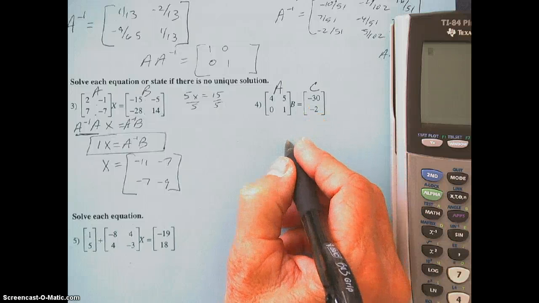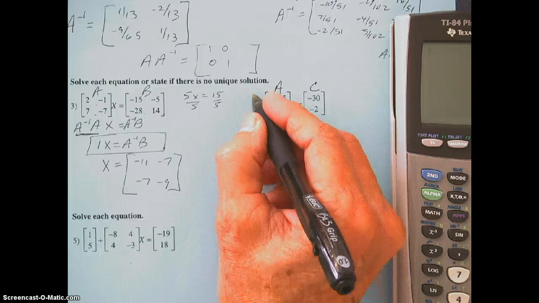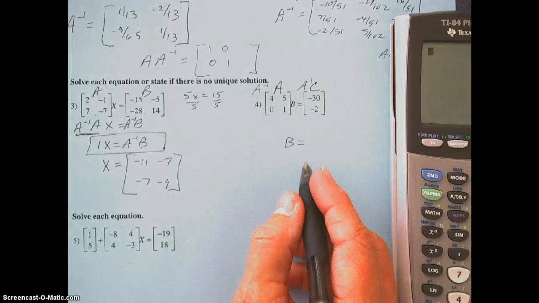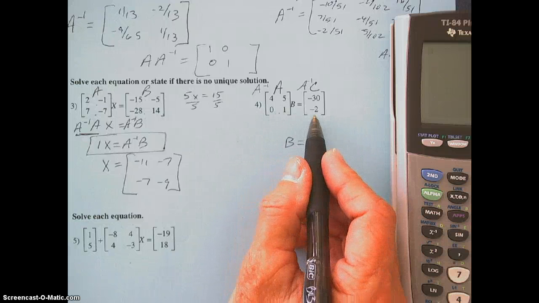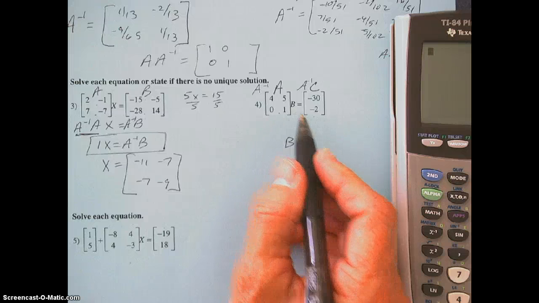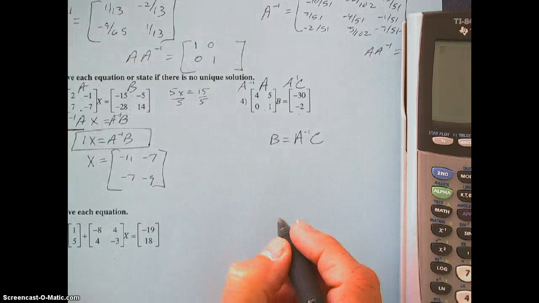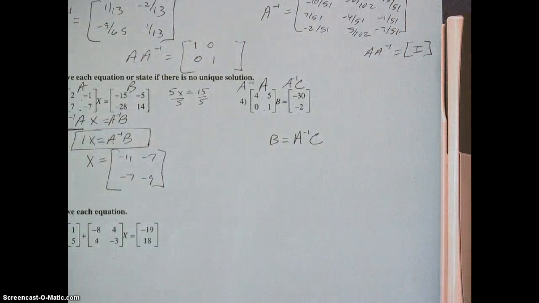I want to solve for B, so I want to get rid of matrix A. So I'm going to A inverse both sides. So this time I'll put this in matrix A, this in matrix C. Matrix B, when we punch it, will just be A inverse C. Again, hit stop, put those values in, and check your answers.